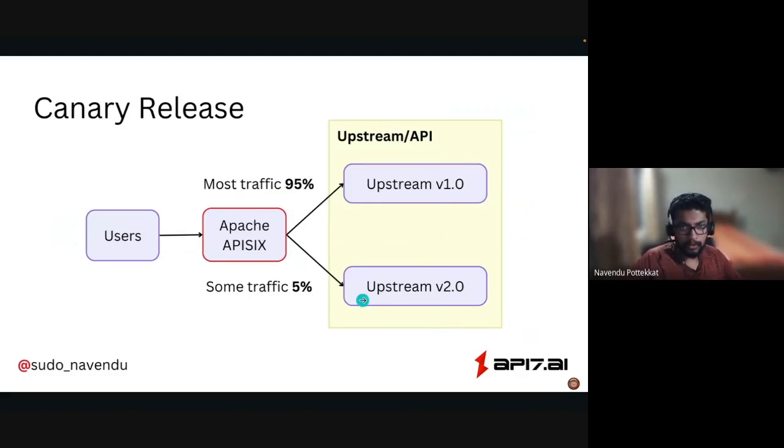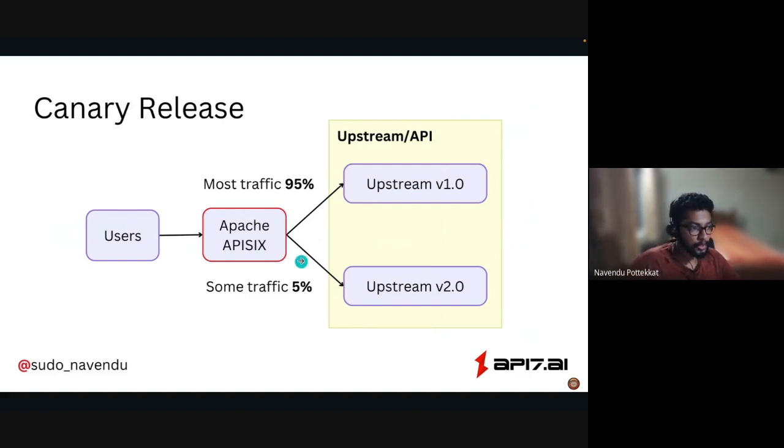It can also do stuff like canary releases. So when you're trying to release a new version of a particular API, you initially want to route only a small amount of traffic to this new version so that you can test it and see if it actually works, test if there are any bugs.